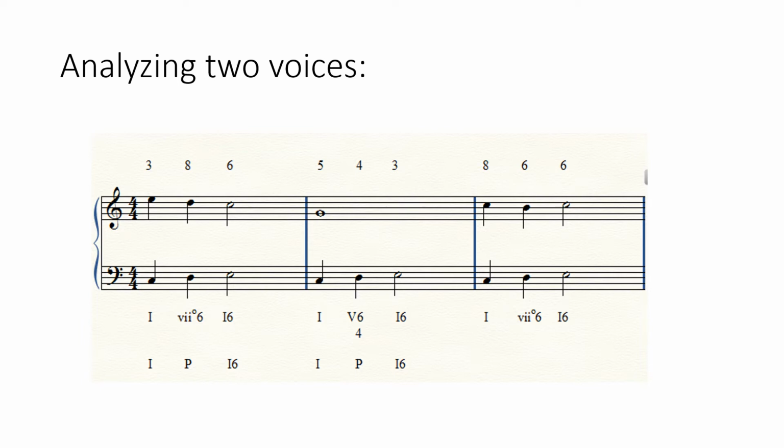Notice that over top of my two parts, I have put intervals. Now these intervals are numbered from 2 to 8. Compound intervals are automatically made into their smaller versions.